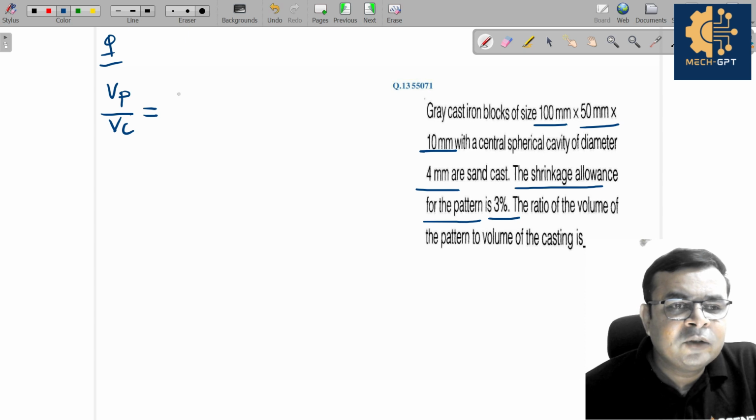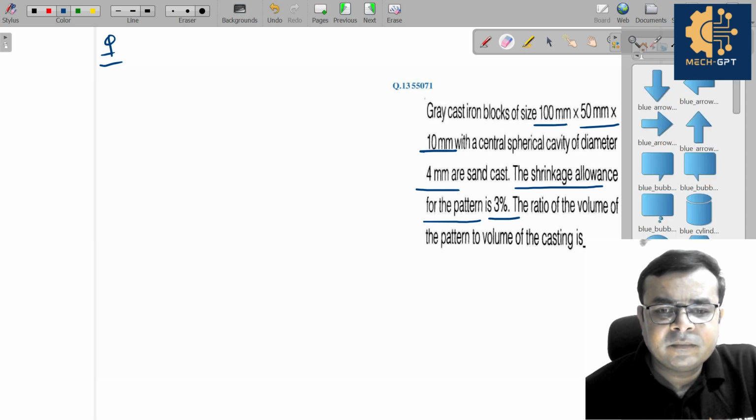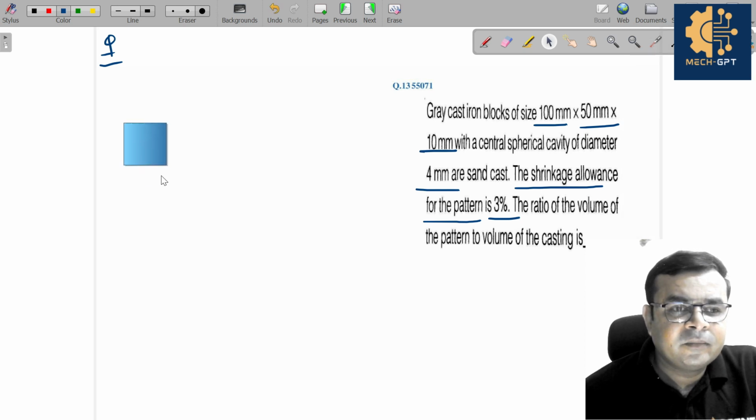Is it clear? So we need to find the volume of the pattern to the volume of the casting. Since the shrinkage allowance is 3% of the pattern, can I say the size of the pattern is 100 into... First, here we have a casting, like this. We have a casting like this.